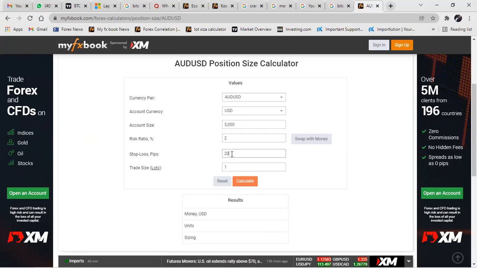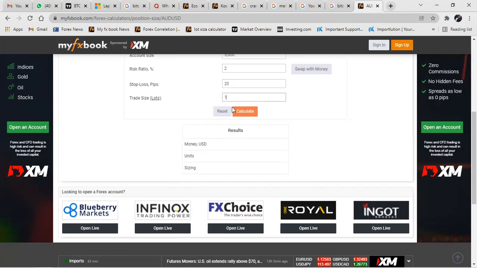So if our stop loss is 20 pips, and we are risking 2%, and our capital is $5,000, it will mean for this trade you can use a lot size of what? Let me calculate.